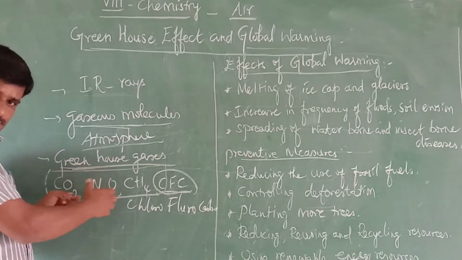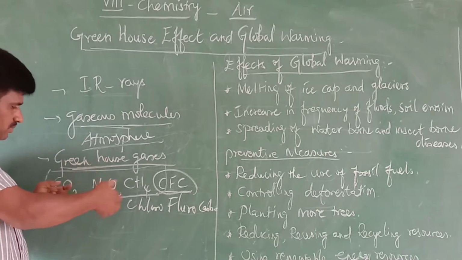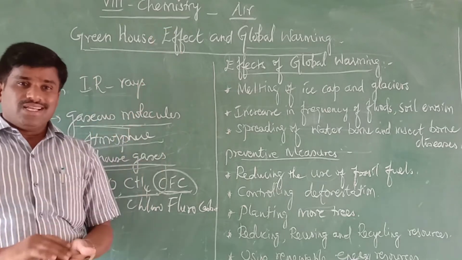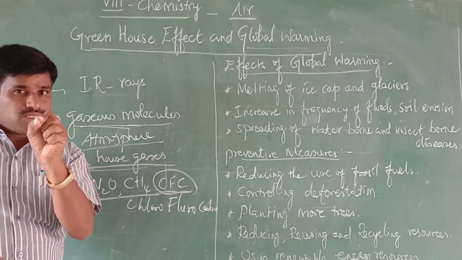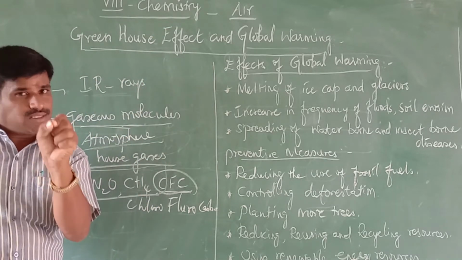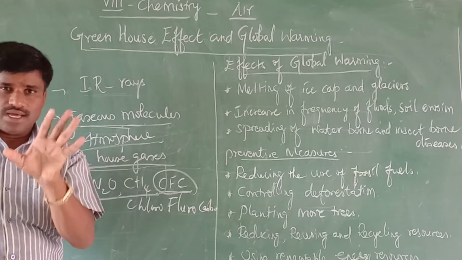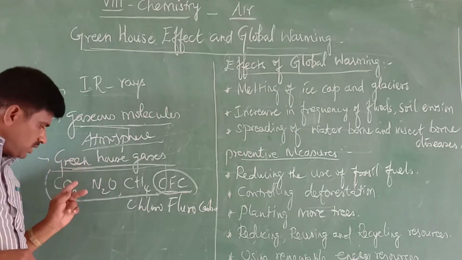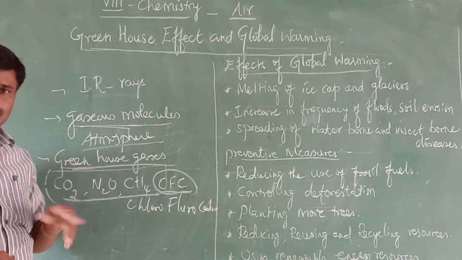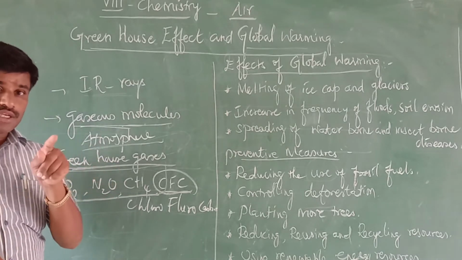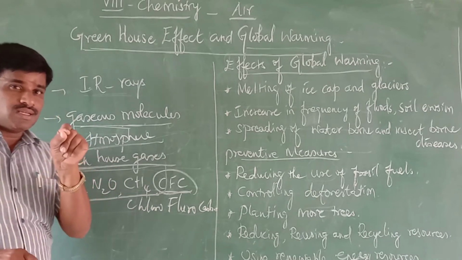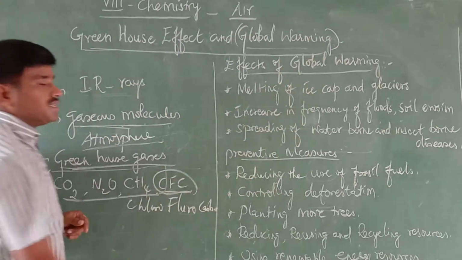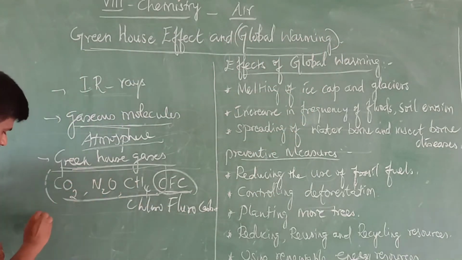Because of the increasing amount of these gases, the temperature of the atmosphere increases. Pollutants are already there in the atmosphere, and because of them the amount of these greenhouse gases increases. Such a process is called global warming.